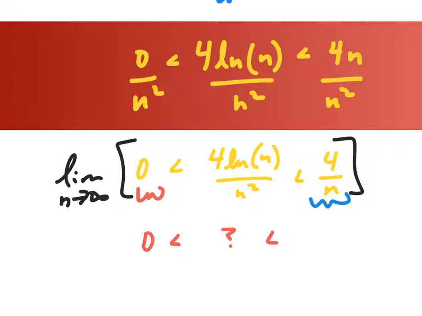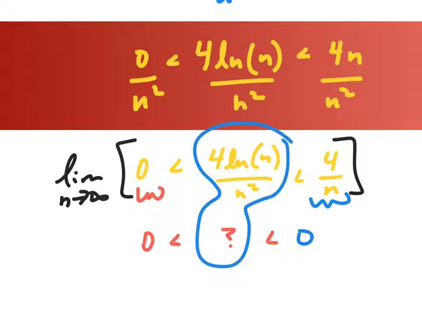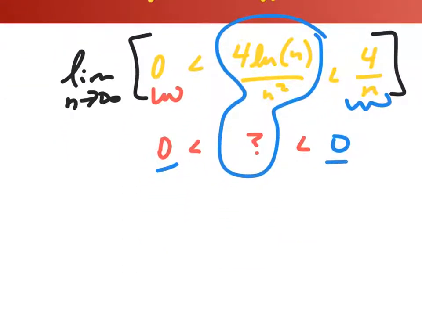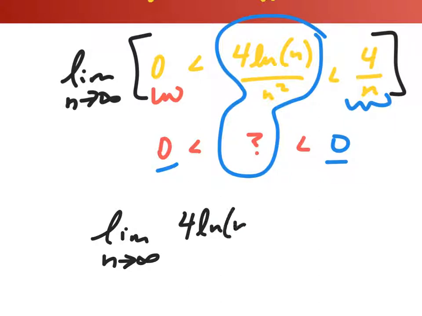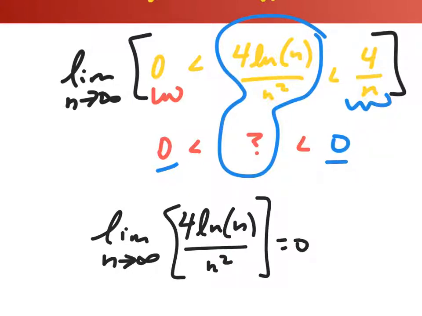And it is, it's 1. That's going to be 0. So this has to be 0. It's got to be between 0 and 0. So it's got to be 0. Therefore, the limit as n goes to infinity by the squeeze theorem of 4 natural log of n over n squared is going to be 0.